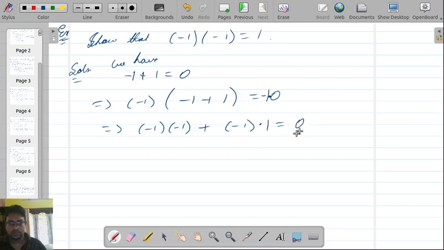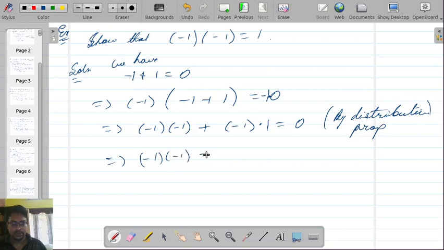Okay, so this is 0. So by distributive property, okay, right. So from this I can write minus 1 into minus 1 plus, what is minus 1 into 1? It's minus 1 only.